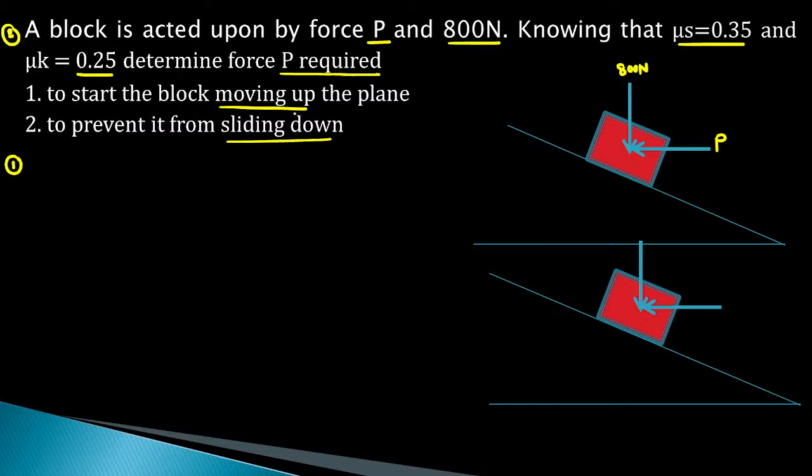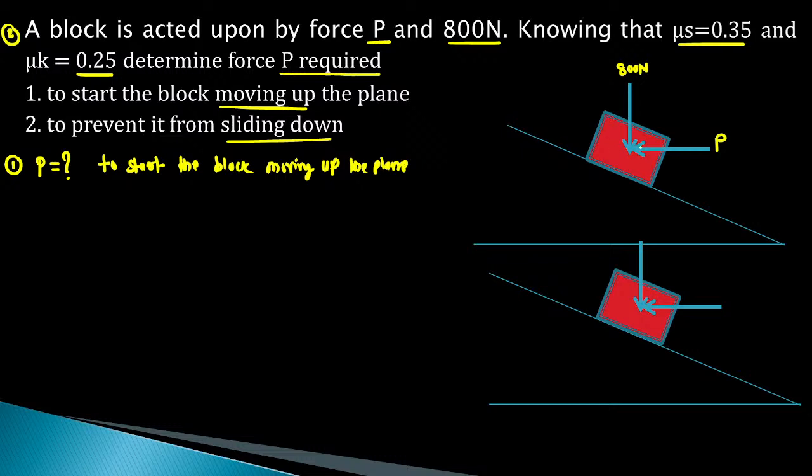To start the block moving up the plane. So, what is the value of P? So, how much force P is required to start the block moving up the plane? Okay, so, for that we have to visualize the impending motion.